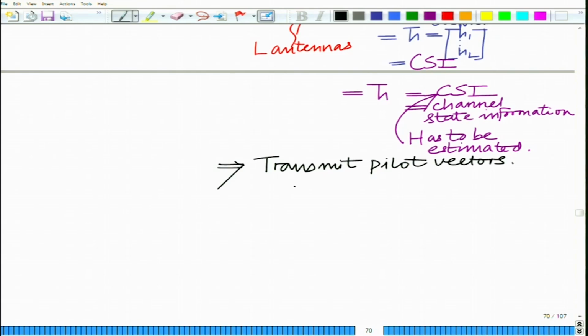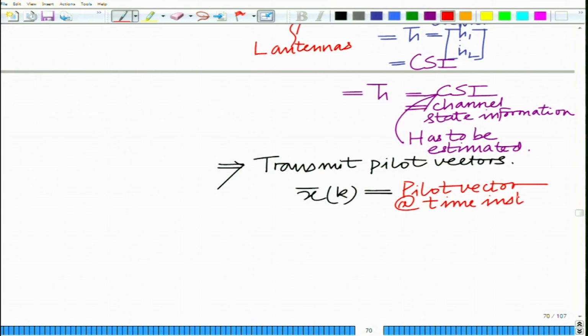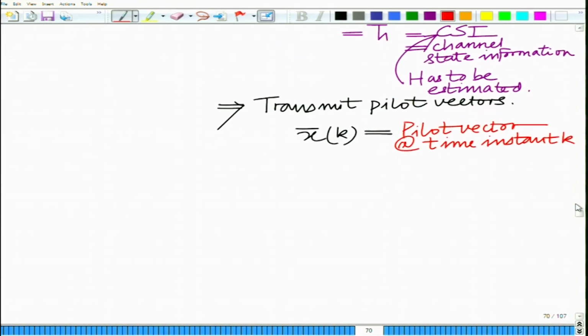Now, let us say xk is the kth pilot vector, or pilot vector at time instant k. So, you are transmitting the pilot vector at time instant k.